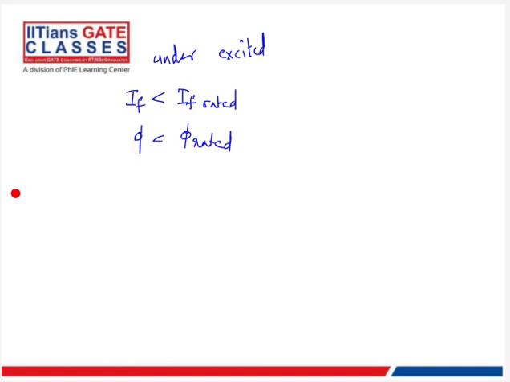But a synchronous machine requires constant rated flux, right? So hence it will draw the IQ component, or the magnetizing current.